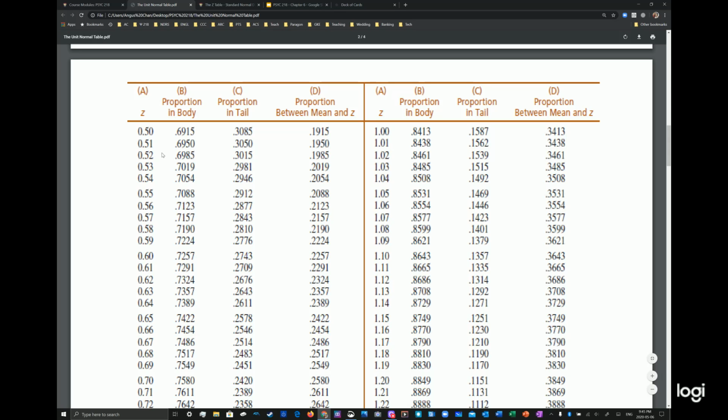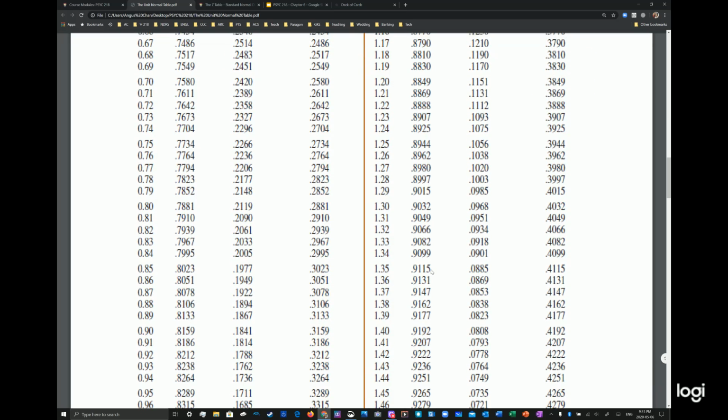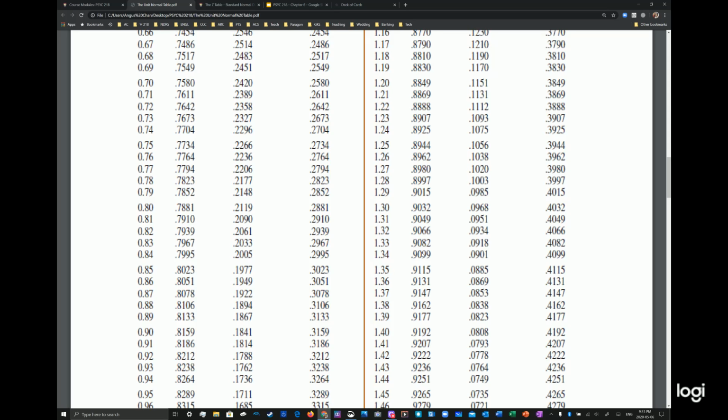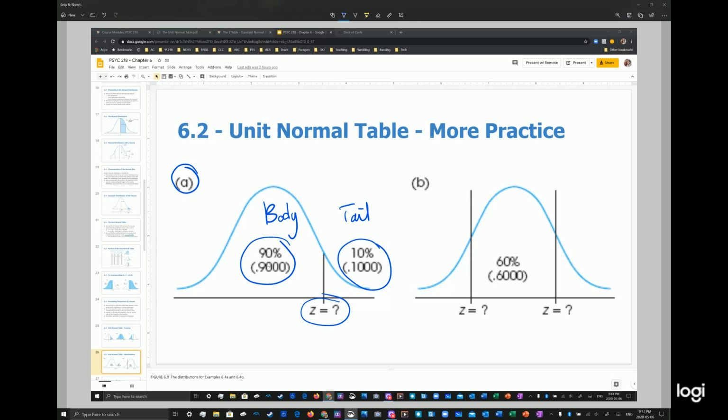So let's say we choose the body, and we want to find a proportion that is 90% or close to it. Okay. So here, it gives us a chance to show you something as well. You see, if we want to find a z location that has a body proportion of 90% in the distribution and a tail proportion of 10% in the distribution.